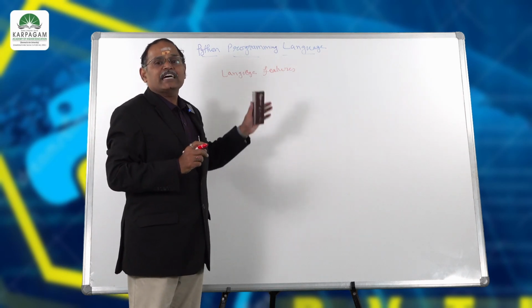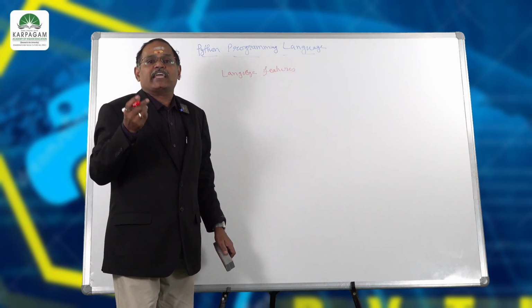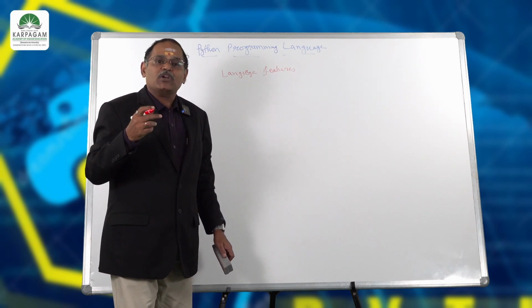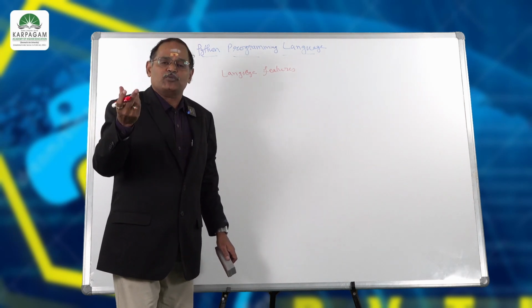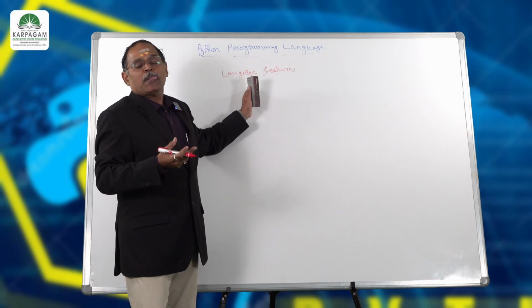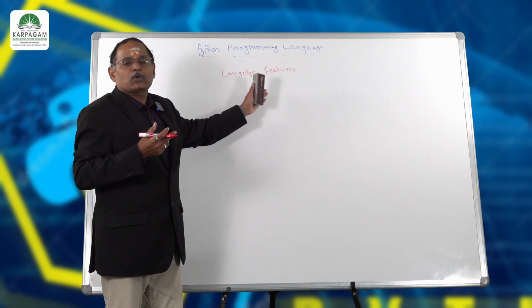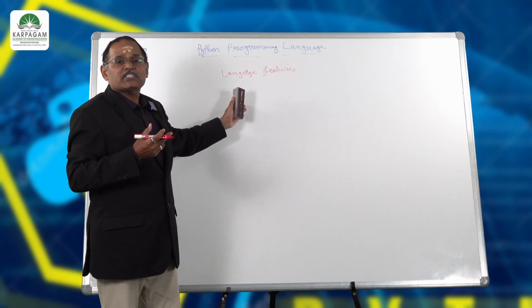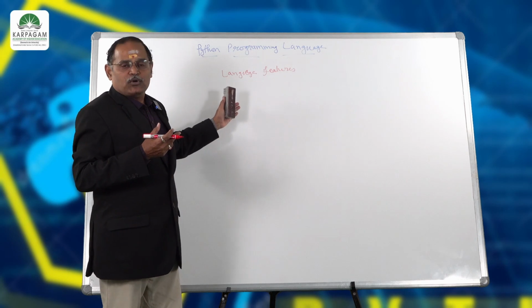Then Python is free software or open source software. Anyone can update or anyone can add their requirement and they can redistribute the Python software. Then it is English-like coding. It is not focusing on the syntax, it is focusing only on the solution of a program.